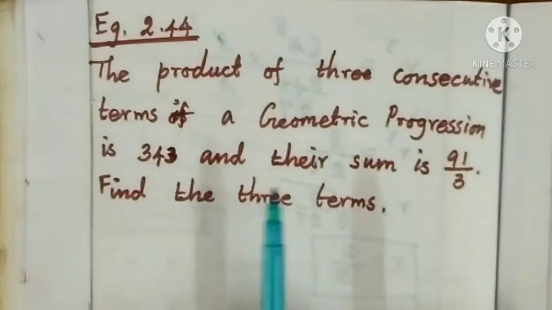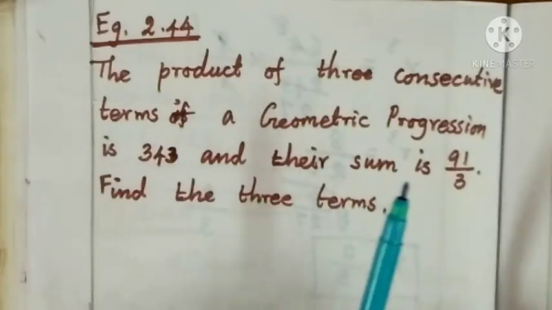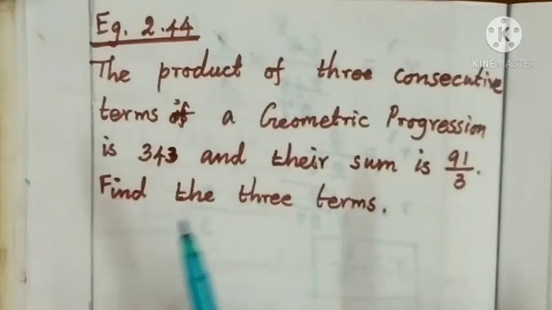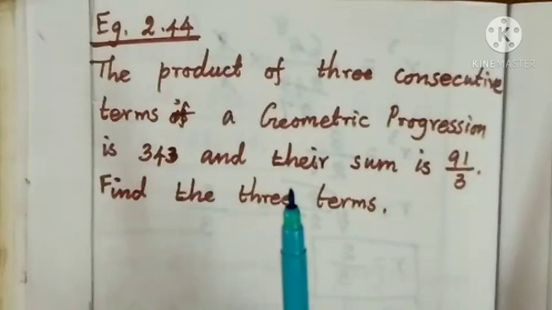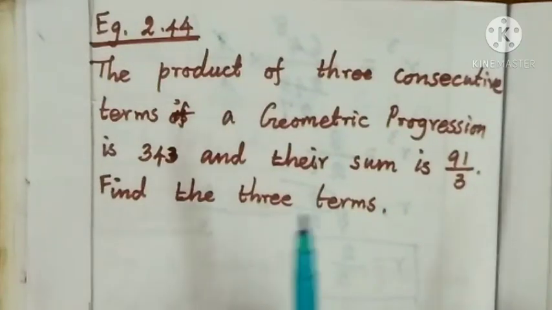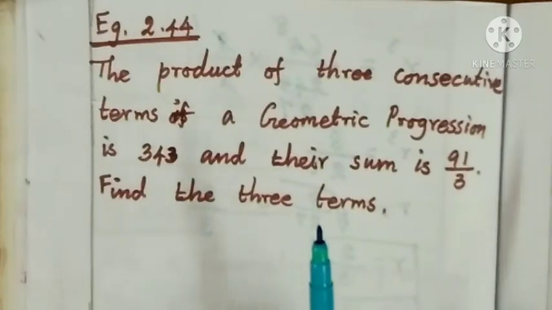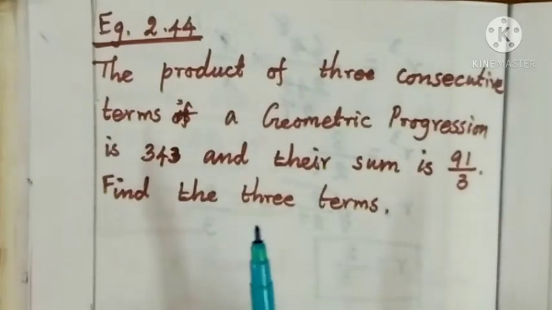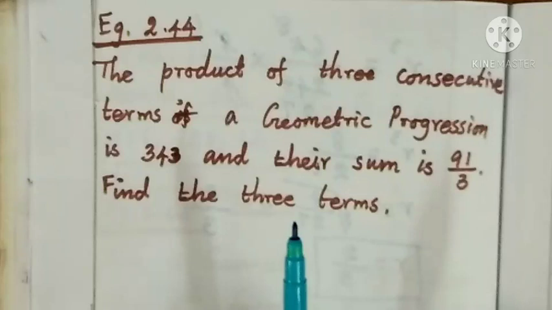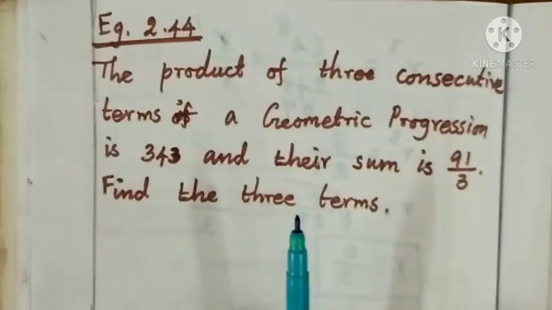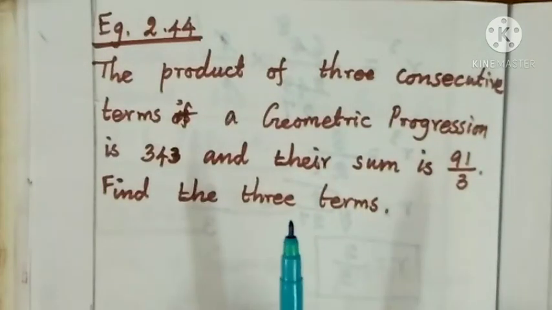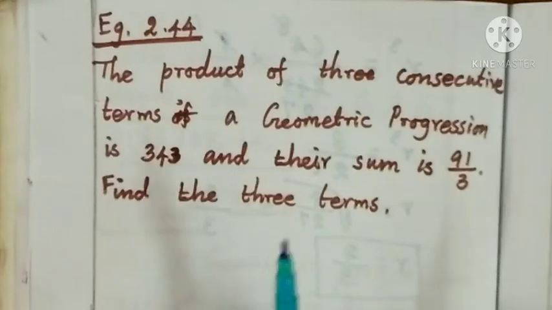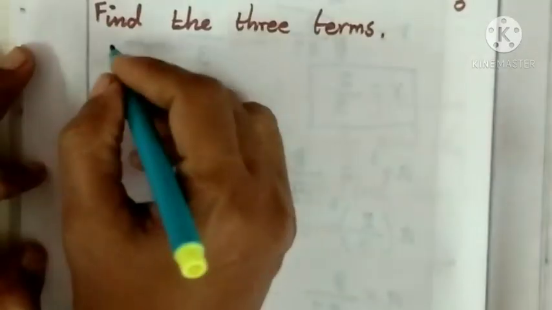In this question, product of three consecutive terms of a GP and their sum is given. We have to find that three terms. Then here you have to use the three consecutive terms of a GP. What is that? Yes, A by R, A, AR. Let us do the solution.